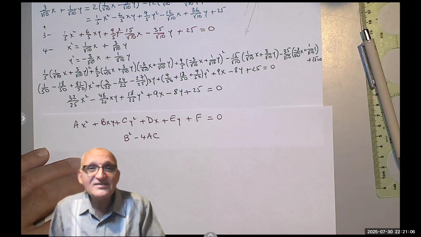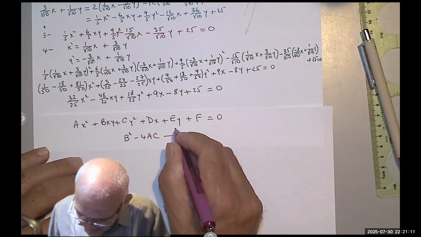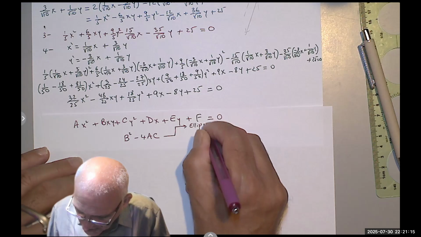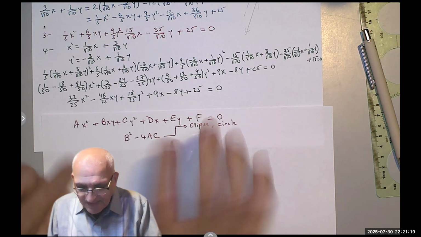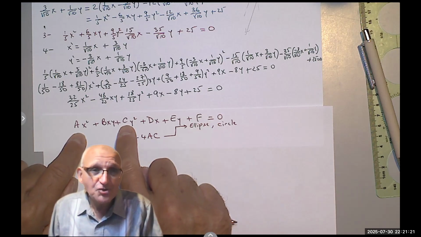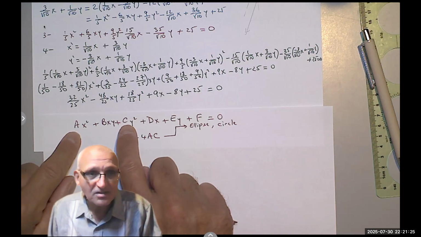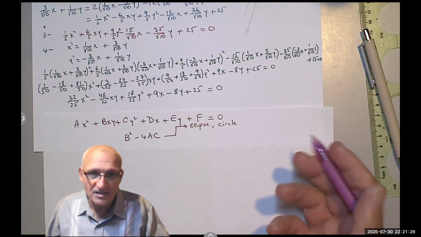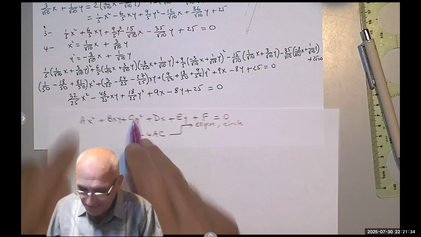It will tell you what type of conic section it is. If this value is negative, you get either an ellipse or a circle. If A and C have the same sign and same coefficient, then that's a circle. If they have the same sign but different coefficients, then it's an ellipse.